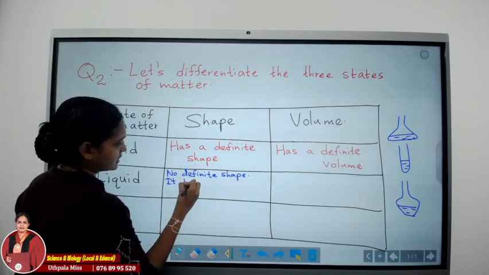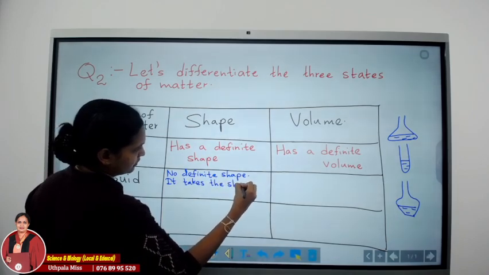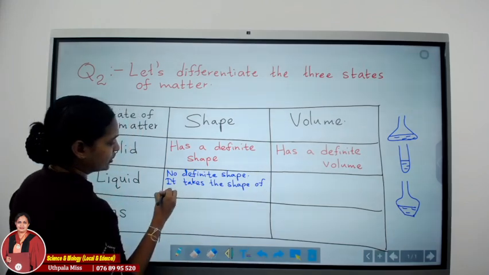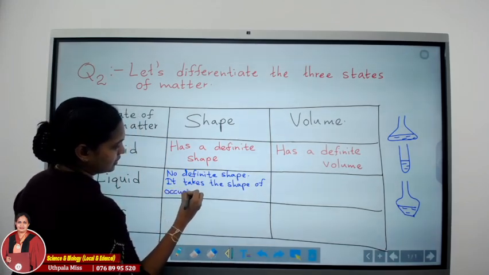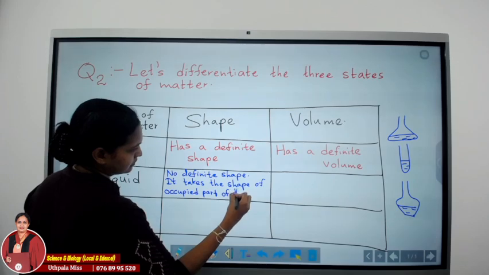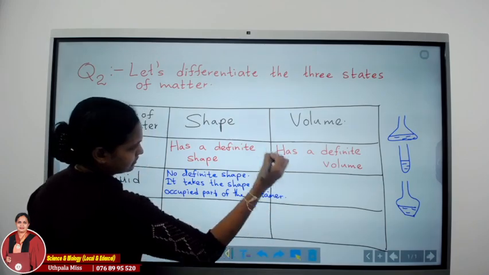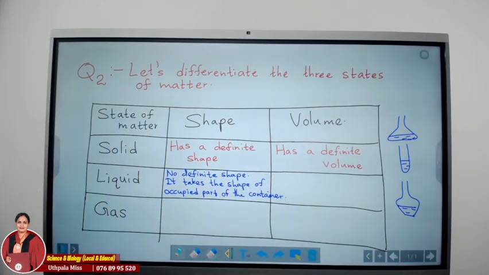It takes the shape of the occupied part of the container. Is that clear for you? I used small letters there.